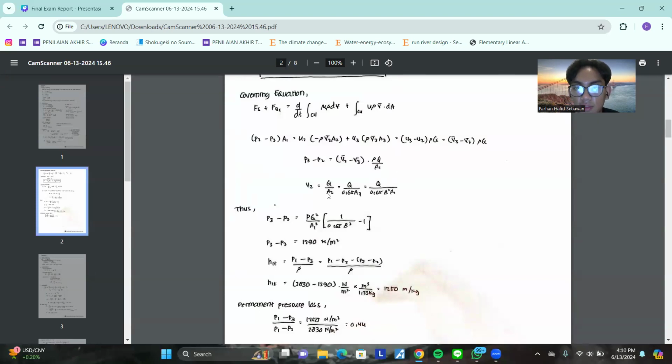and we got V2 is equal to Q per A2. I can simplify that: A2 is divided by 0.65 B quadrat A1. So this is the last simple equation of V2.